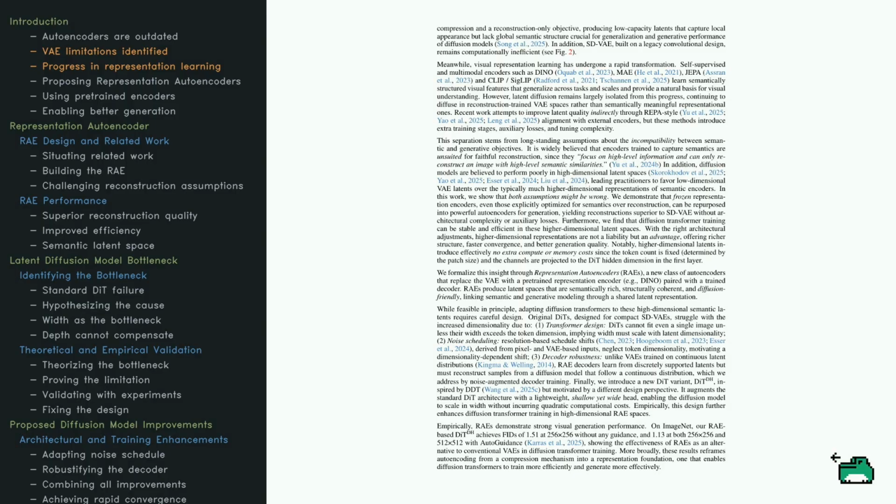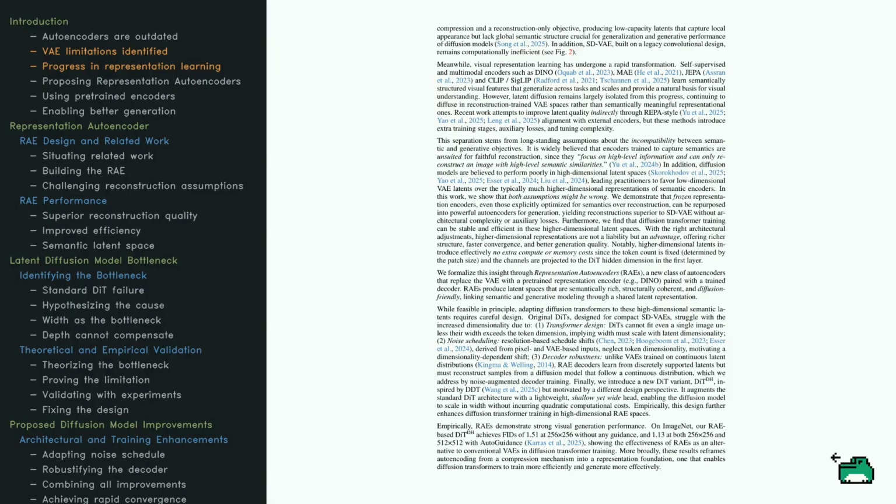On the other hand, the world of visual representation learning has exploded with models like DINO, MAE, and CLIP. These models are fantastic at understanding what's in an image. They learn rich, structured features that are useful for all sorts of tasks. The authors' key insight is that latent diffusion has been completely ignoring this progress.